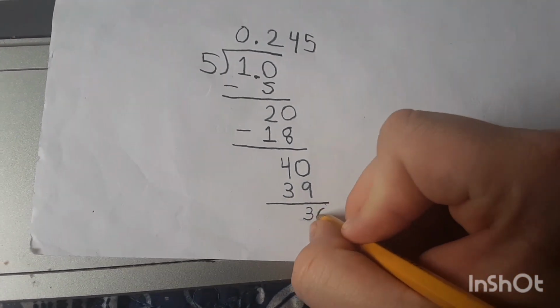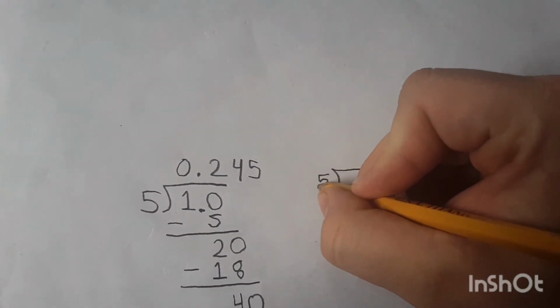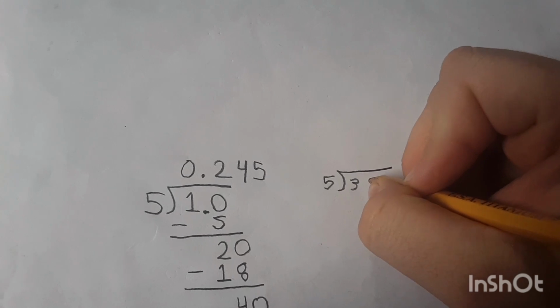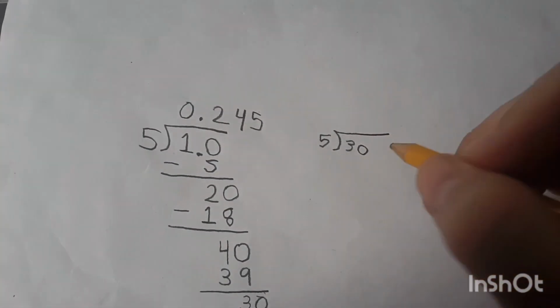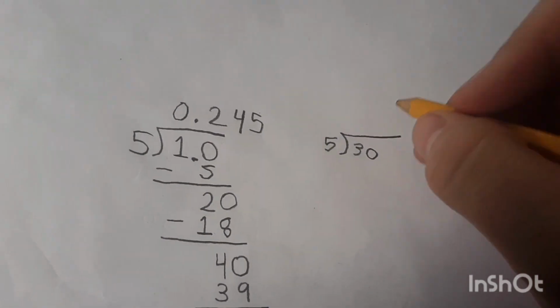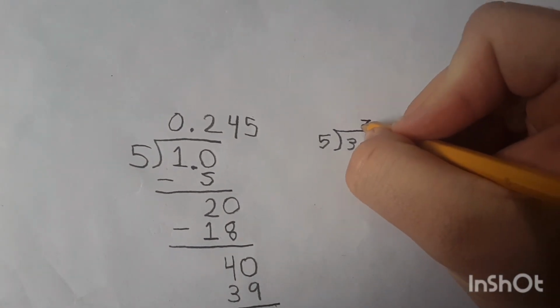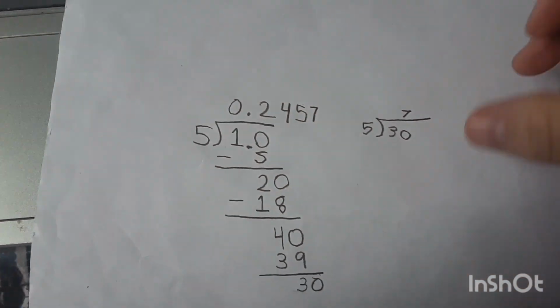So that's 3 dozen. Now, let's divide 5 into 3 dozen, that's 36. 5 can go in there 7 times. That's how many times it goes in there, so that's a 7.